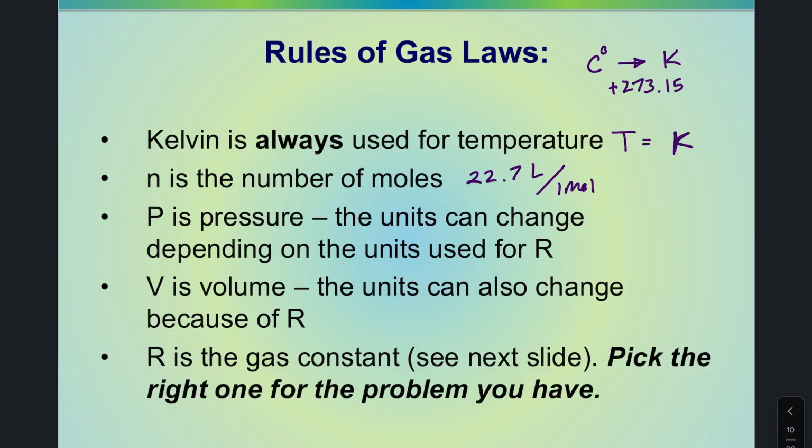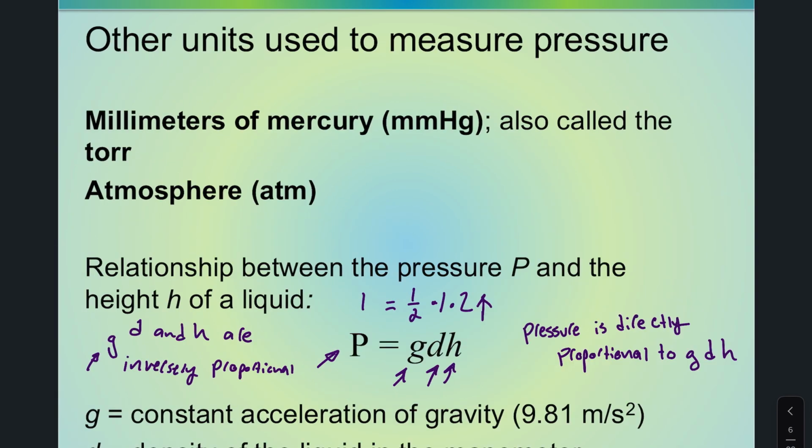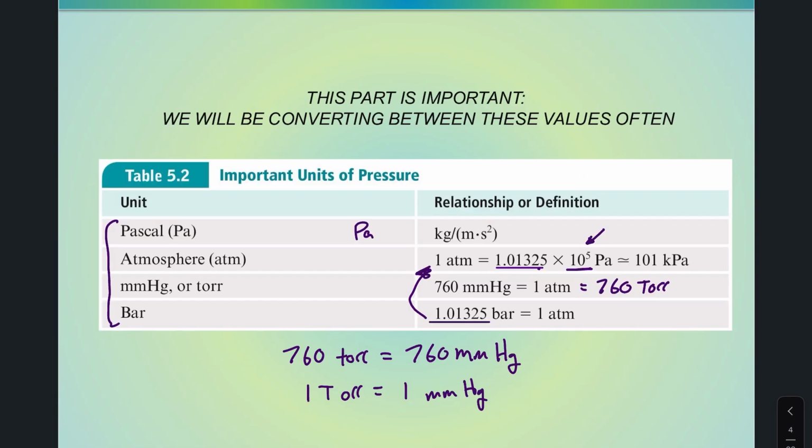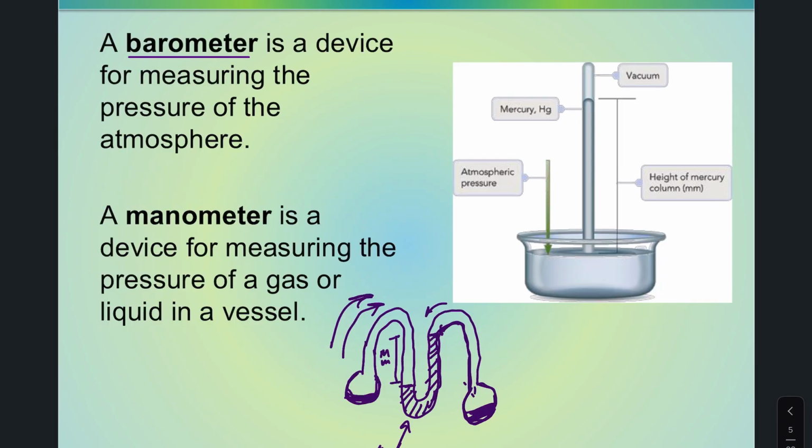And so we can continue with P. P is for pressure, and the units are going to change wildly for this. As I showed you before on this slide, we have many different ways to talk about the units of pressure. We have pascals, kilopascals, which are just 1,000 pascals, atmospheres, millimeters of mercury, torr, and bar.